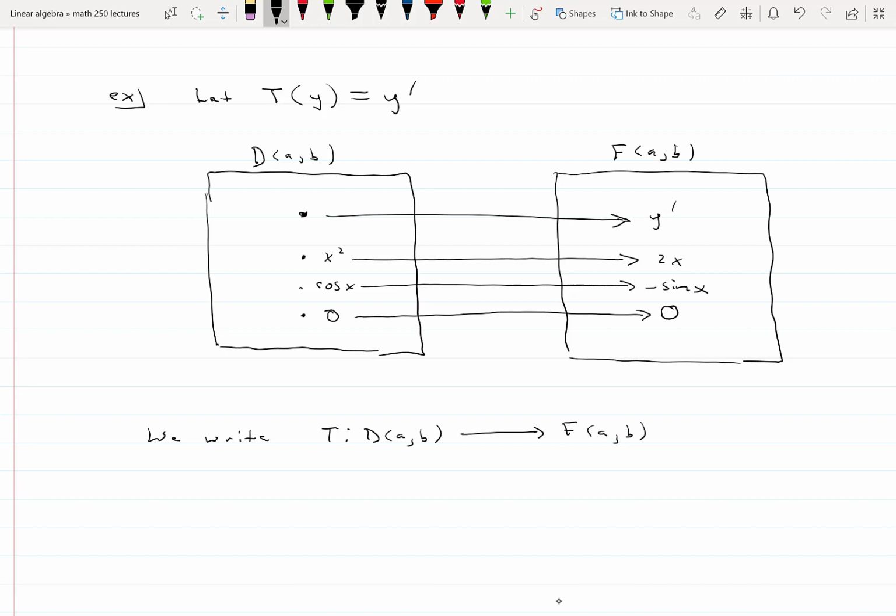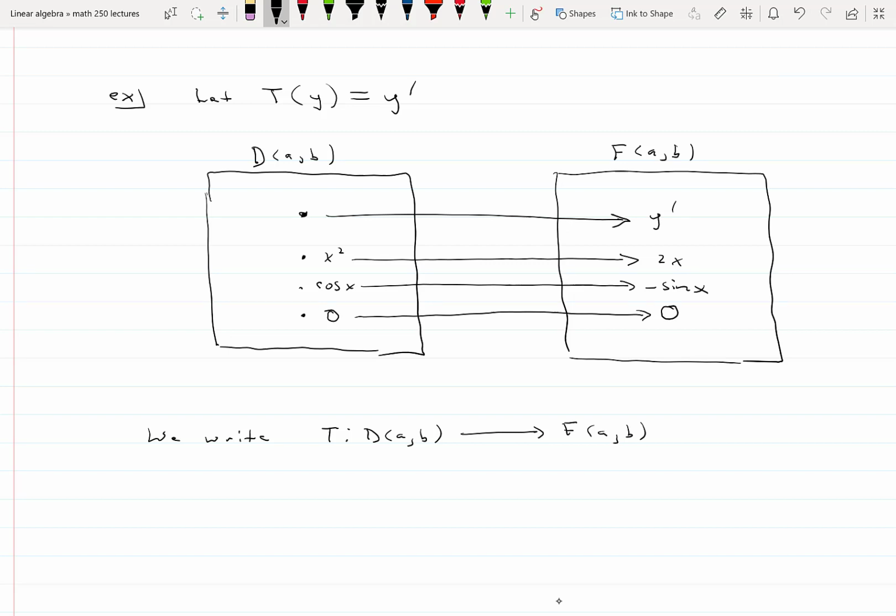This tells us what the domain of the transformation is, and it also tells us where the elements in the domain are taken. But it doesn't give us the rule. This just says there are a lot of transformations that go from D into F. This particular one takes a derivative.